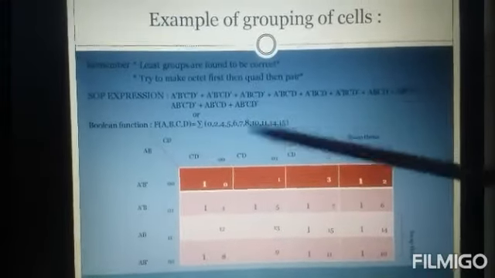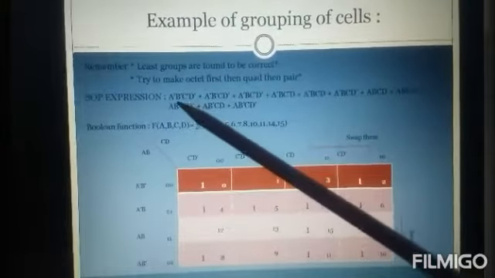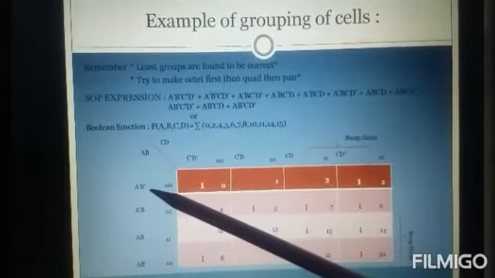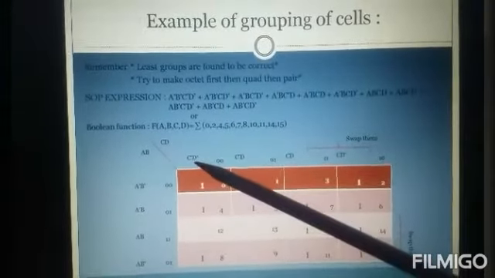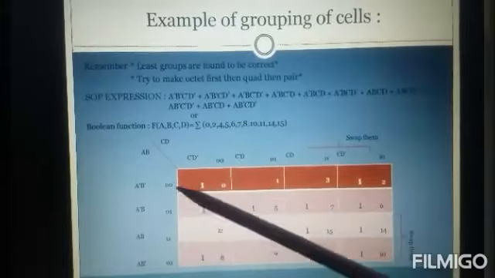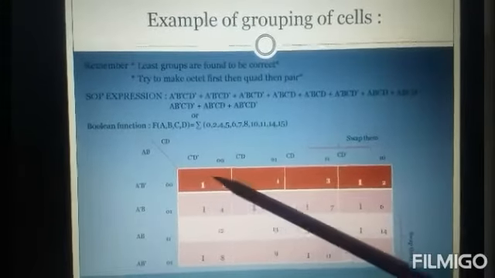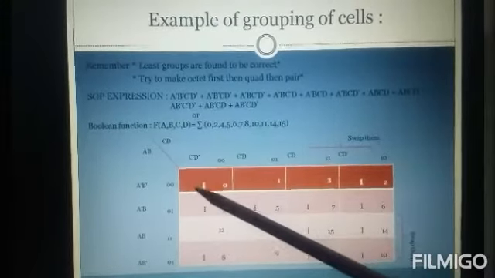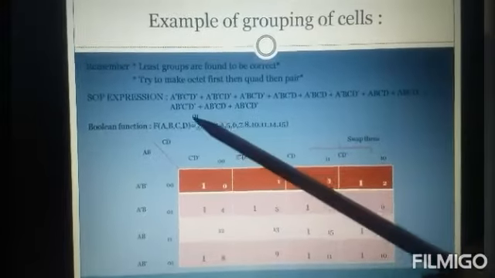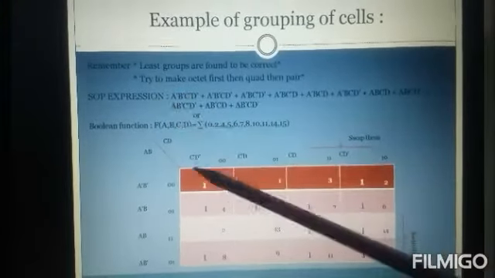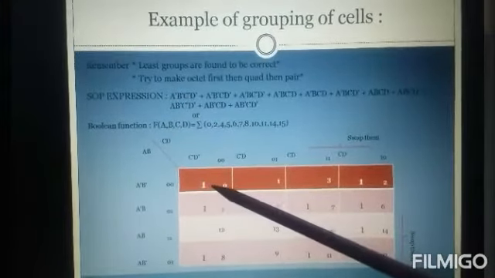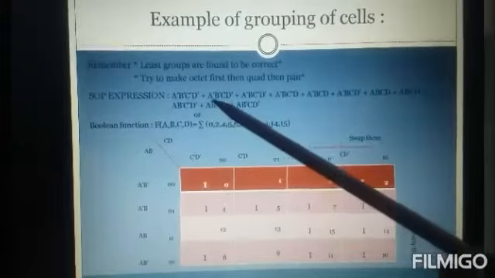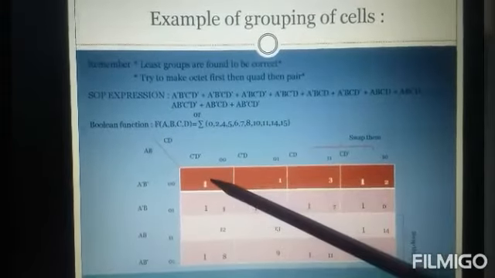First of all we have to find out where is a dash, b dash, c dash, d dash. Here we have a dash, b dash. Here we have c dash, d dash. Both are combined together. Then in this cell we are getting a dash, b dash, c dash, d dash. Because it is SOP expression, that's why we have to put 1. If we are having POS expression, then we have to put 0 here.